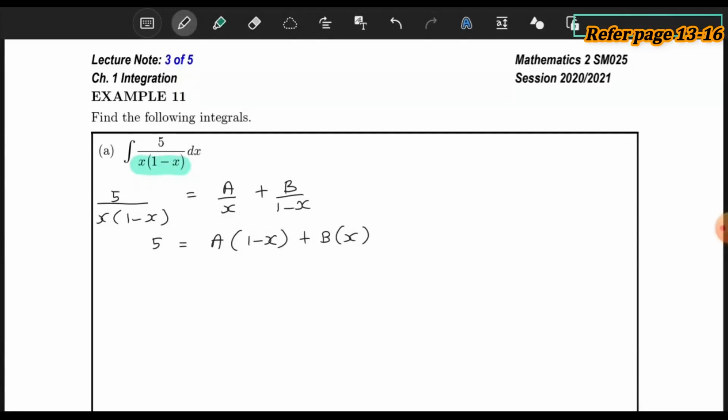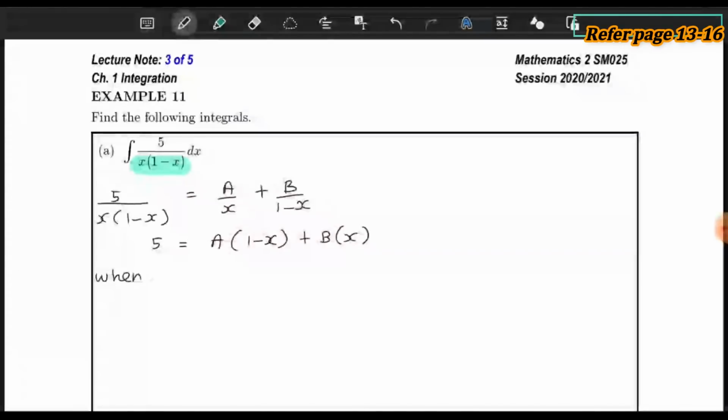And after this, you can choose either you want to use a substitution method or elimination method. Sorry, substitution method, or maybe you can compare. Okay. For now, I want to use substitution method.